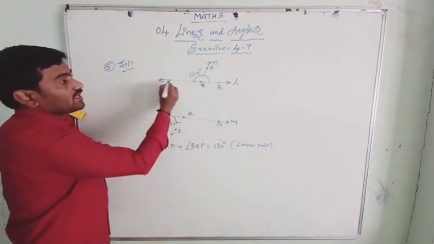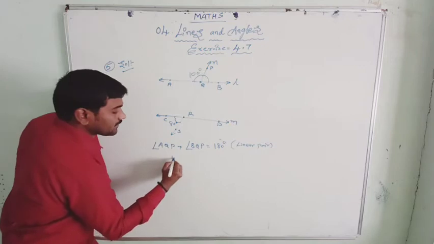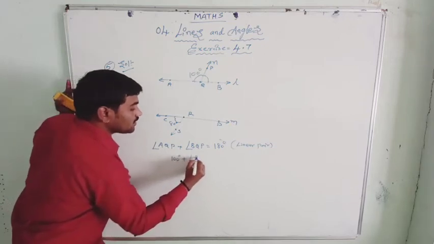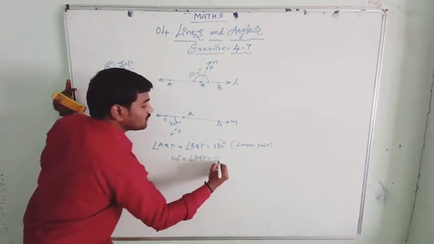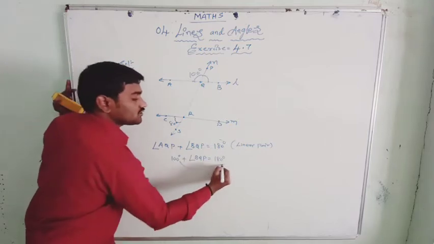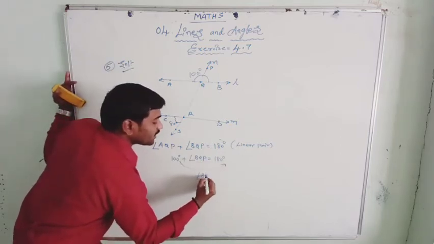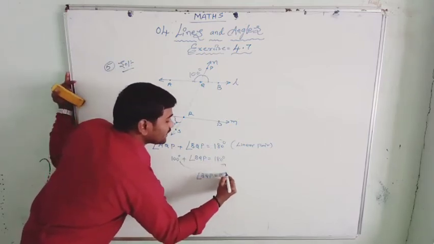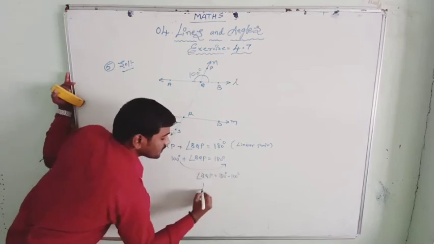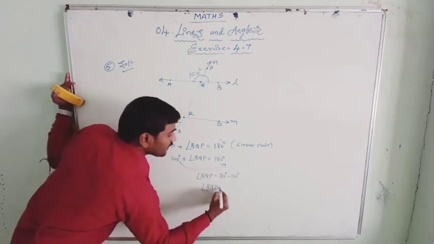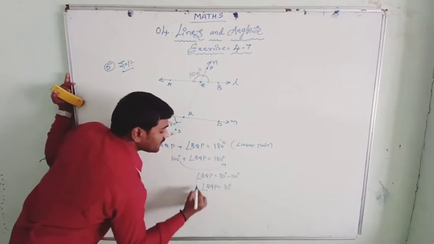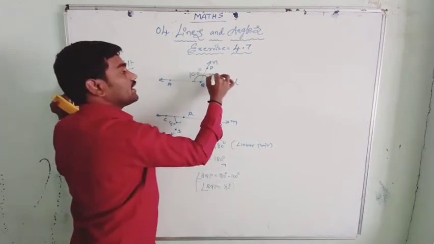So angle AQP, which is 100 degrees, plus angle BQP equals 180 degrees. So angle BQP equals 180 degrees minus 100 degrees, that is angle BQP equals 80 degrees. Here we got 80 degrees.